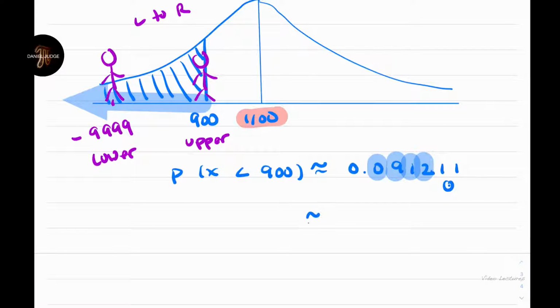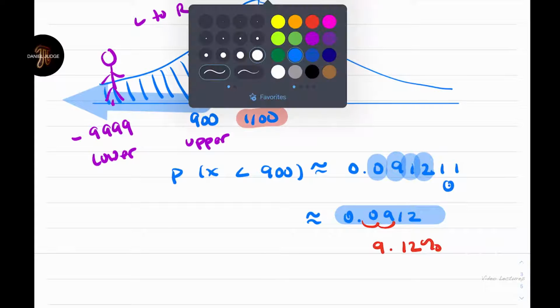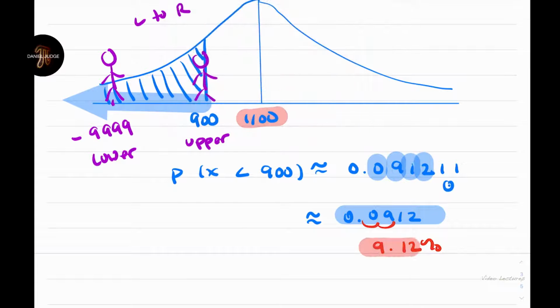Remember, leave this digit alone. 0.0912. So here's what we get. This is a probability value. Now, as a percent, if they wanted the percent, and I believe they did, you move 2 spaces to the right, that decimal. You now have the percent answer.